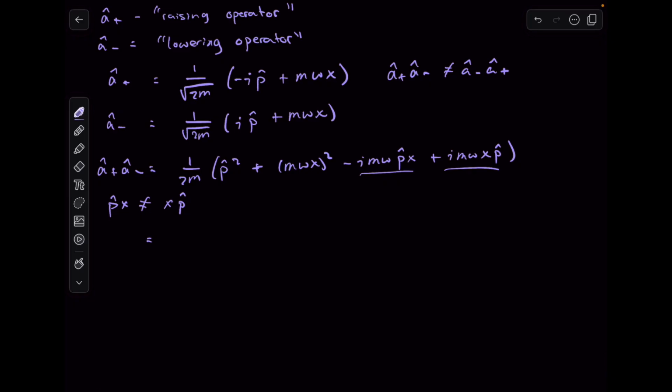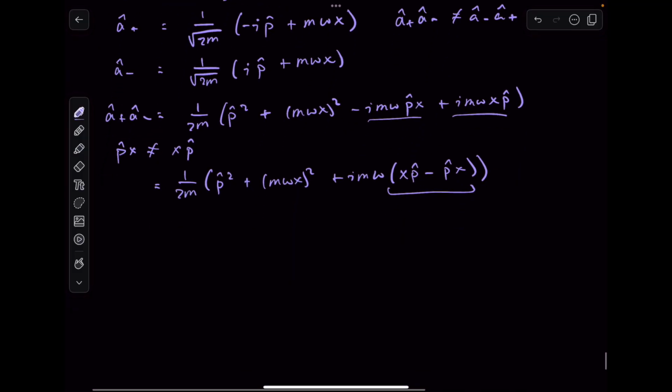And let's write this in a way that's a little more clear. So this is the term that we want to compute now, and this is something called a commutator.